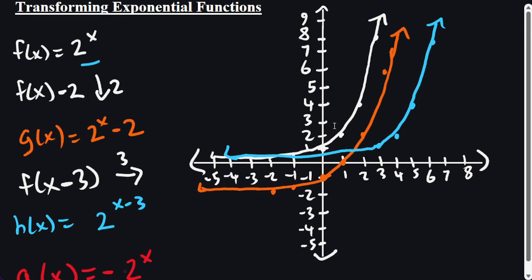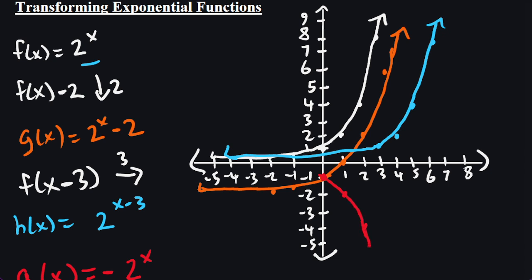And all you have to do is take our base function in white, f of x, and just make the y-coordinate negative. So instead of 0, 1, it's 0, negative 1. Instead of 1, 2, 1, negative 2. 2, 4 becomes 2, negative 4. And 3 comma 8 would be 3 comma negative 8, which is all the way down there, so I just won't graph it.